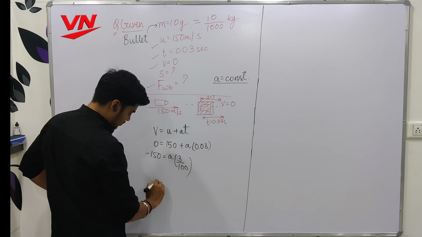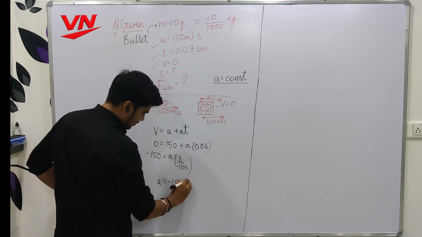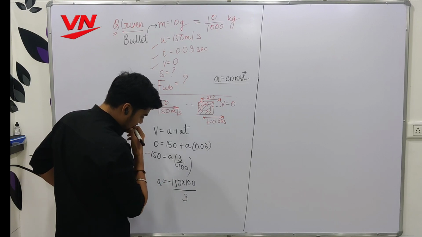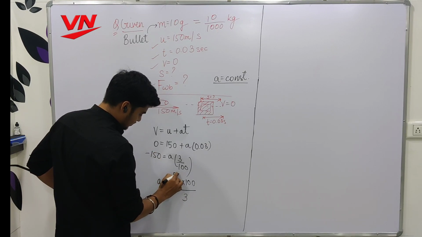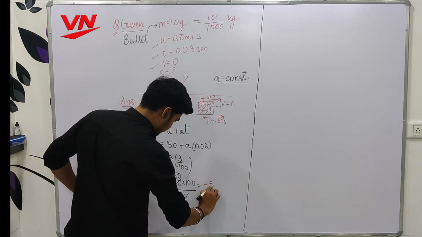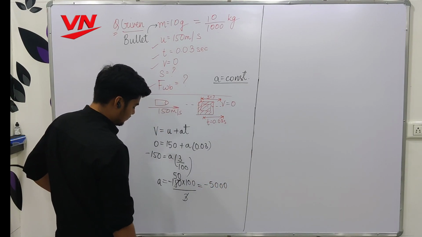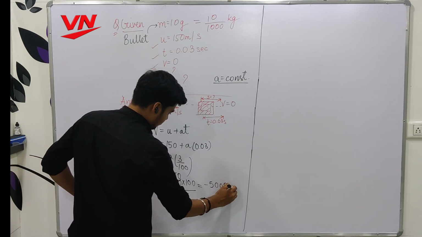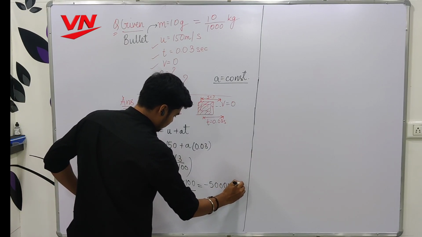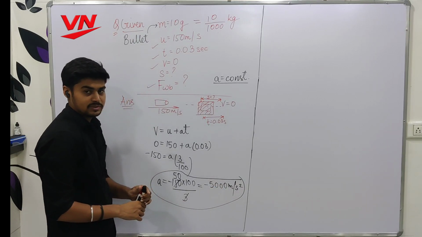In the next step, a will be equal to 150 into 100 divided by 3. 3 5s are 15, 3 50s are 150. What I will get is minus 5000, and the unit will be meter per second square. So I got the acceleration as minus 5000 meter per second square.